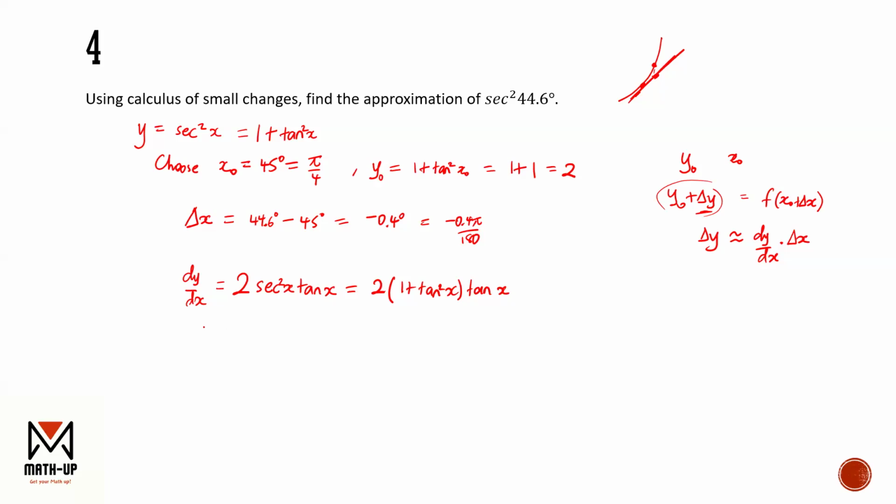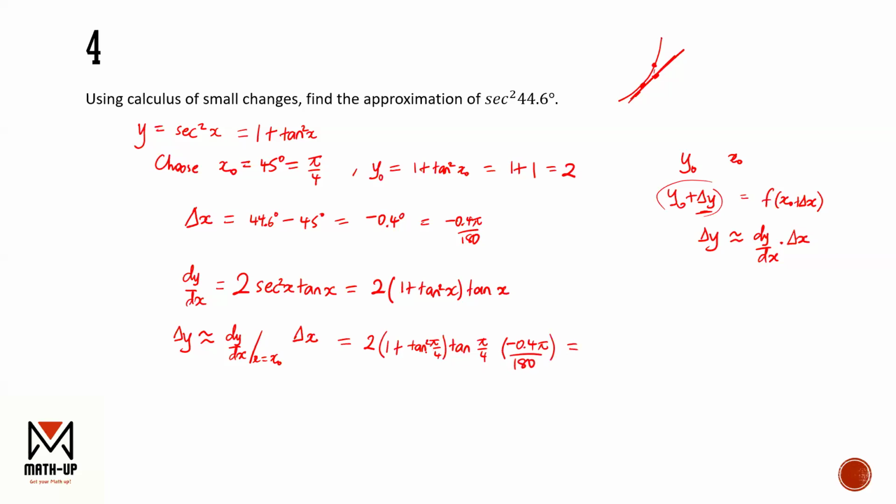Okay, so to get delta y, the approximate change in y, we're going to have dy dx calculated when x is x naught, that known point that we've chosen, and then multiplied by delta x. So this is going to be 2 times 1 plus the tan of pi over 4 squared times the tan of pi over 4 multiplied by our change in x, which is negative 0.4 pi out of 180.